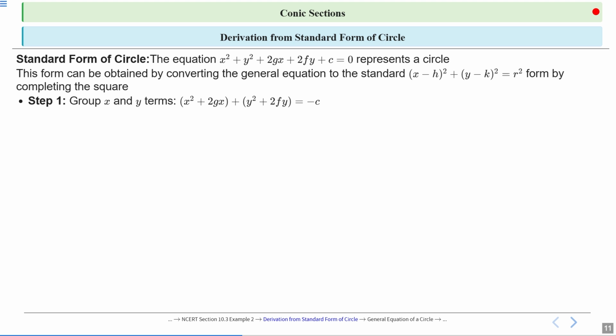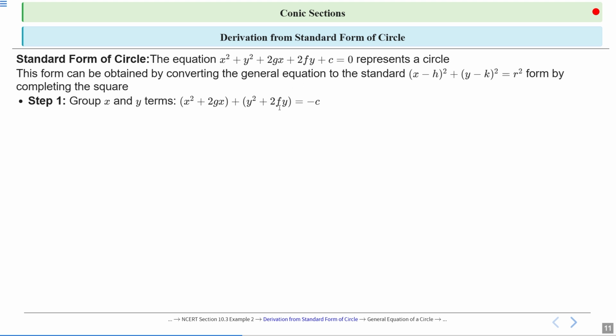So in step 1, first combine the x terms. That means you have to combine x square and 2gx. Then combine the y terms. The y terms here are y square and 2fy.